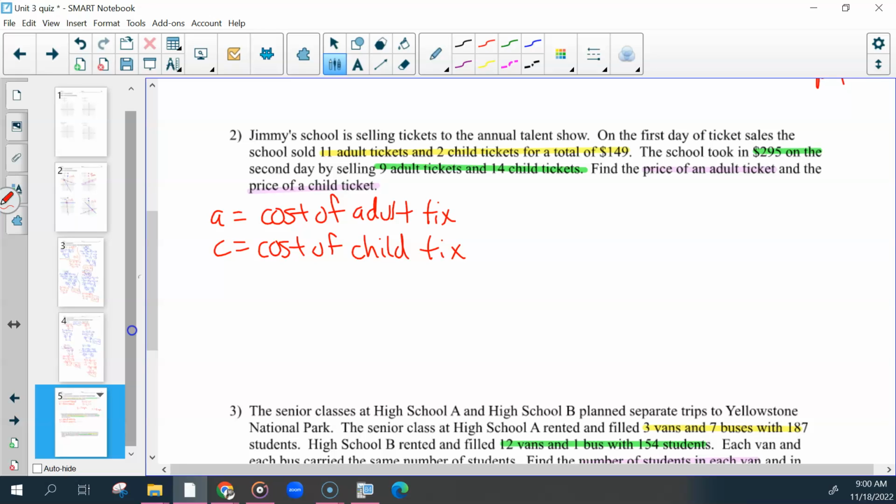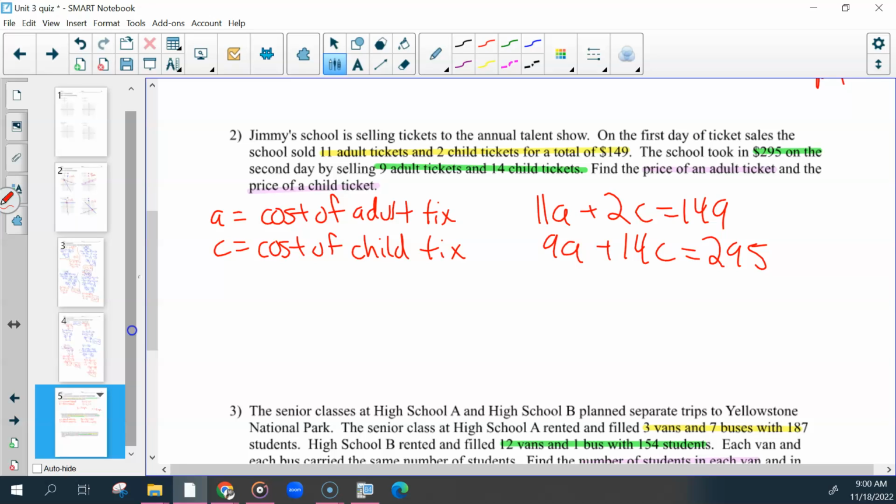Your 2 equations, you have 6 numbers. All of those numbers get used. So those would be your 2 equations. 11a plus 2c equals 149, and 9a plus 14c equals 295. And then I want to say the answers to those were 14 and 11.